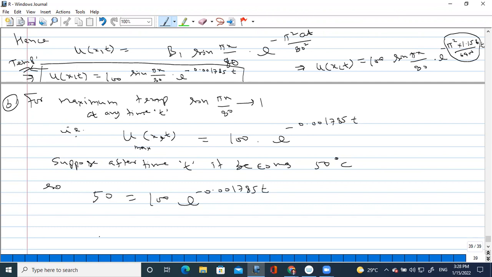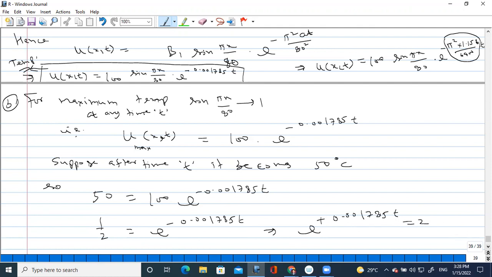That will be the answer. So this will become 1 by 2 equal to e to the power minus 0.001785 t, and this implies e to the power plus 0.001785 t will be equal to 2.